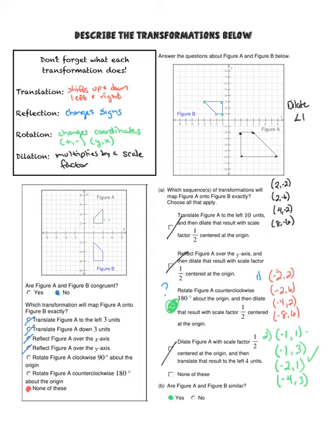Yes, they are, because figure A was scaled down to figure B. Figure B is 1/2 scale of figure A. I repeat, 1/2 scale of figure A. So the side lengths of figure B are half the size of figure A. We kind of took figure A and compressed it together. And that takes care of day 3. So good luck with this and practice well.